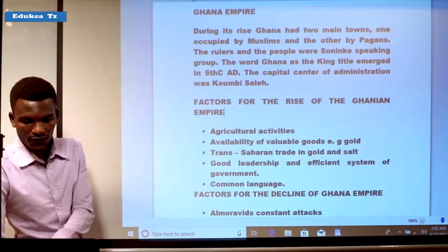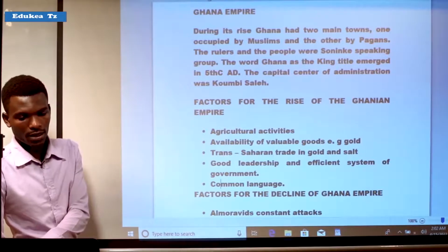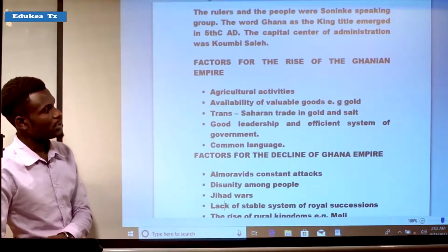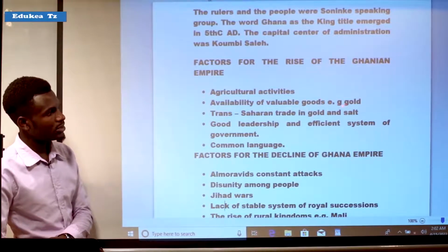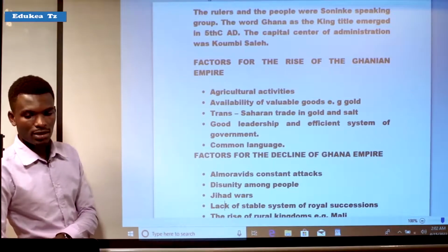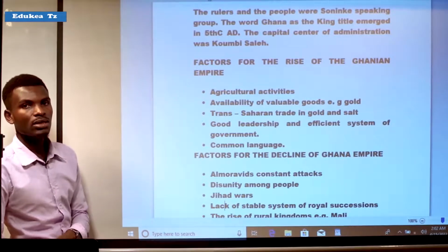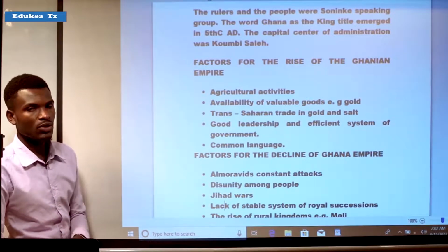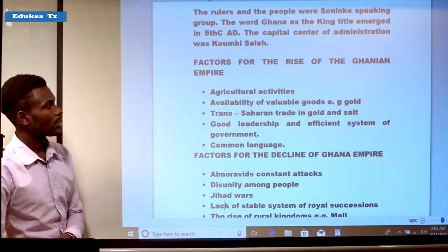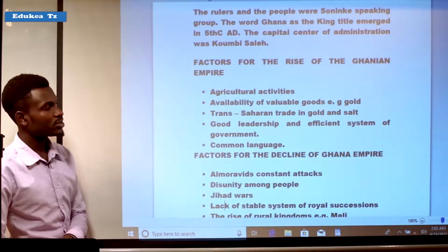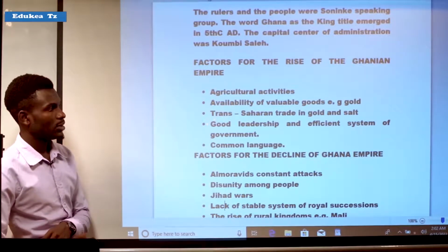The first factor for the rise of the Ghana Empire was agricultural activities, and availability of valuable goods like gold. That's why until the colonial rule, Ghana was called the Gold Coast, because it was blessed with a plenty of gold.